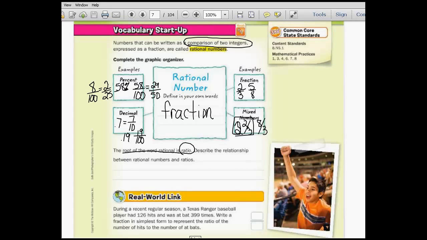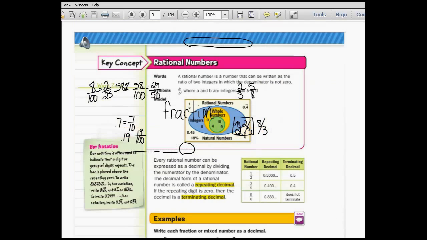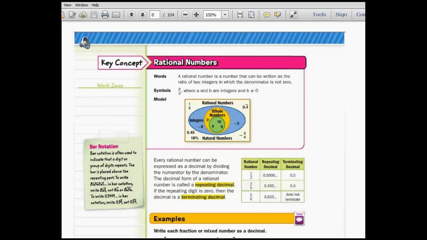Let's see what we got down here. Actually, I think we're just going to go ahead and go to the next page. Clear all of this off of here. And let's talk about rational numbers as part of the number system. There are rational numbers and irrational numbers, but for the purposes of this lesson, we're just going to focus on the rationals, which include all your fractions, decimals, percents.